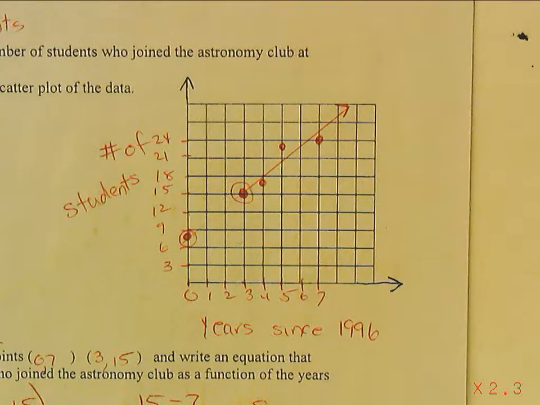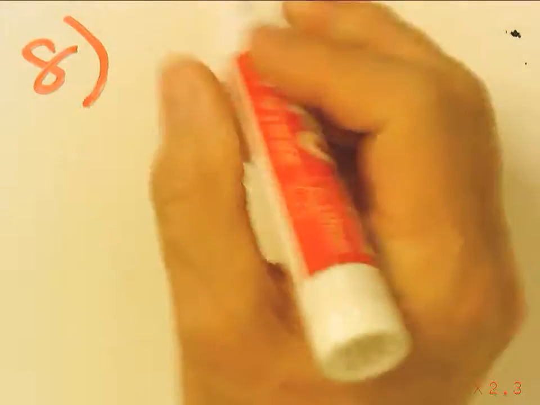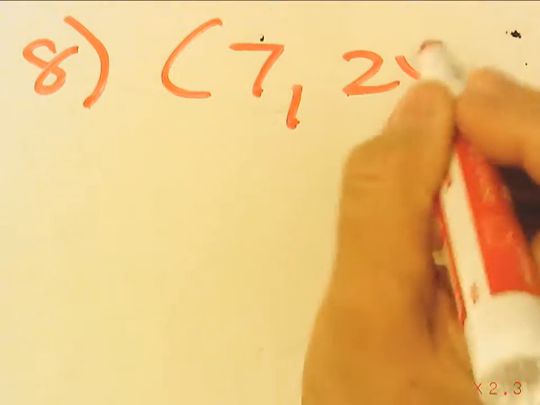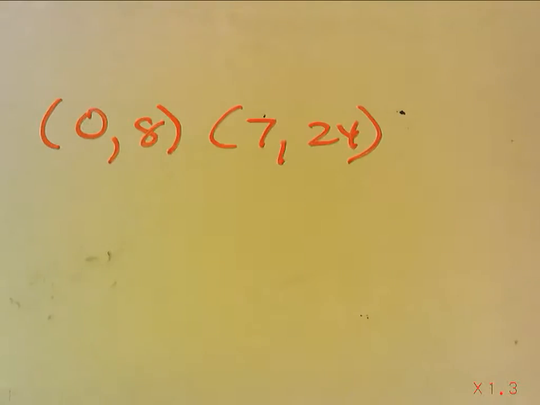So we're going to do it again using those 2 points, okay? Because if you had connected them on your graph as the lowest and the highest point, those would be your answers.